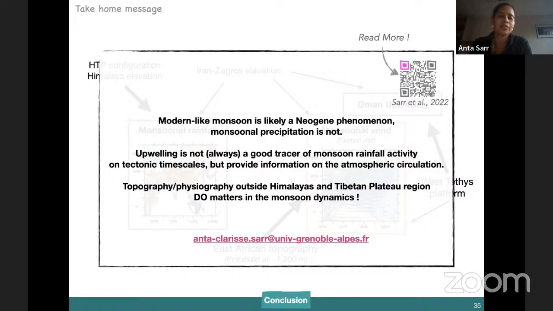And I would finish by saying that topography and physiography outside the Himalayas and Tibetan Plateau regions really matter for monsoon dynamics. This is a call to my paleogeographer and geologist colleagues that we need more data on those features. Thank you very much for listening.